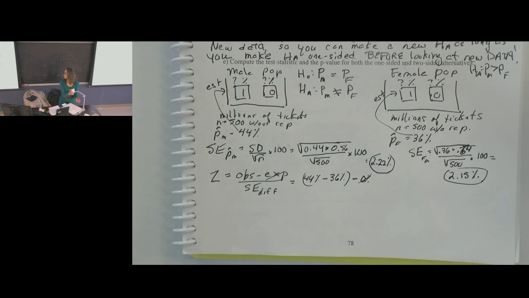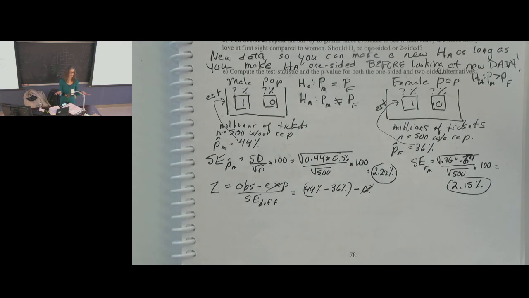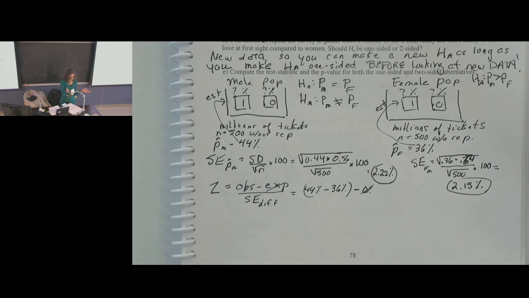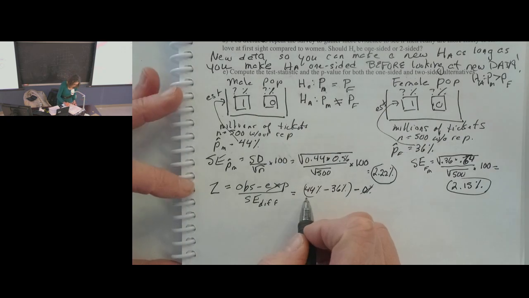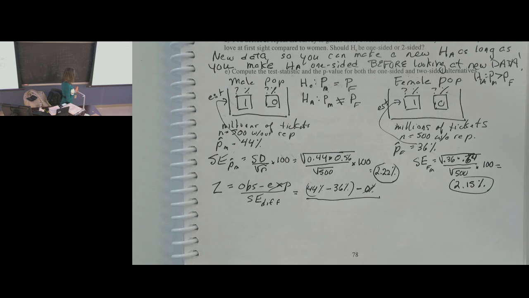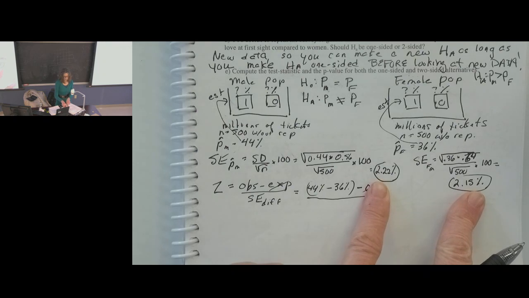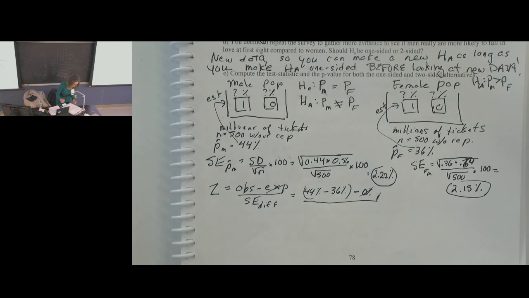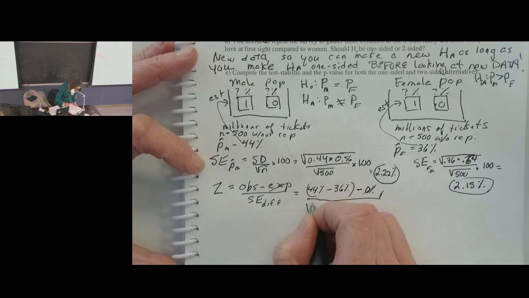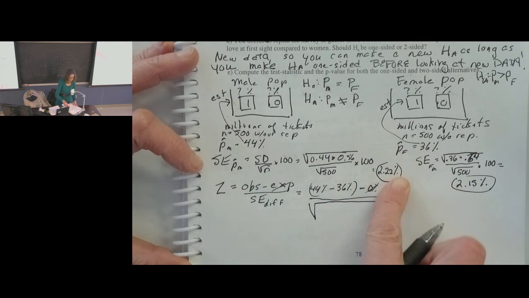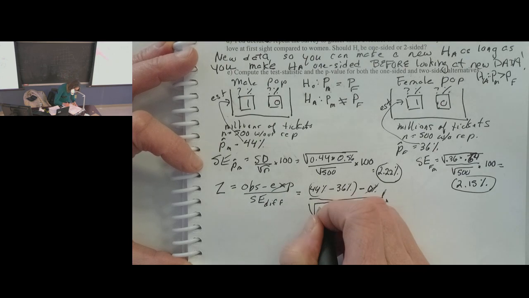In this course, our null doesn't have to be 0, but the ones we've been looking at are the strict null, which is always 0. Over the standard error for the difference. How are you going to remember this? Well, remember the Pythagorean theorem. You're having to sum these two things. So it's going to be the square root of this one squared, which we've already calculated, plus that one squared.